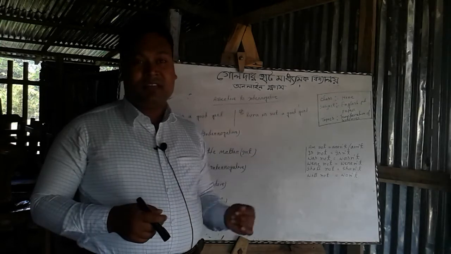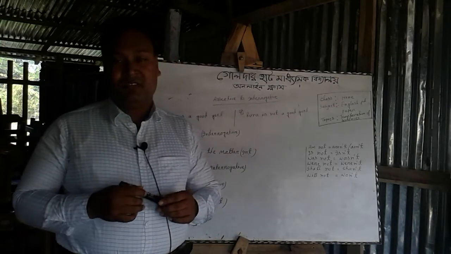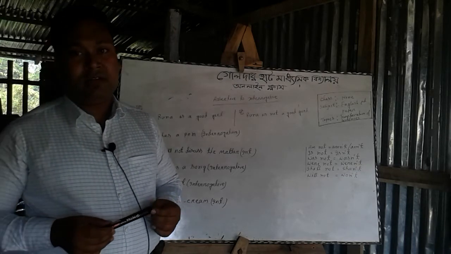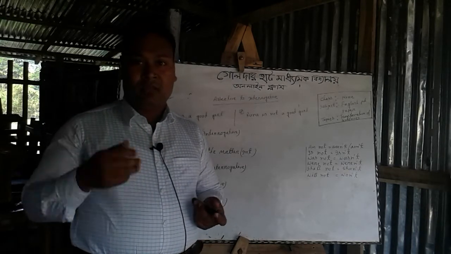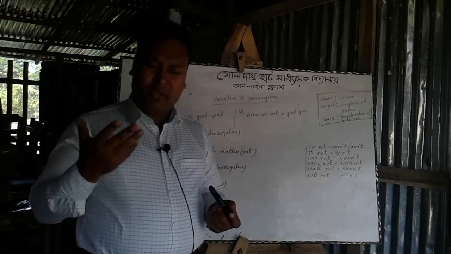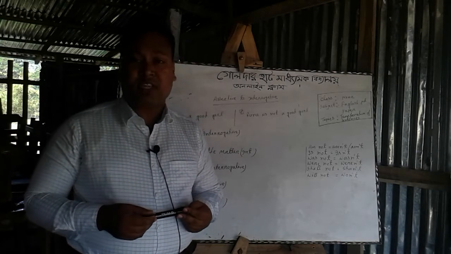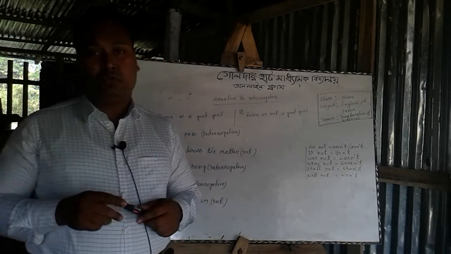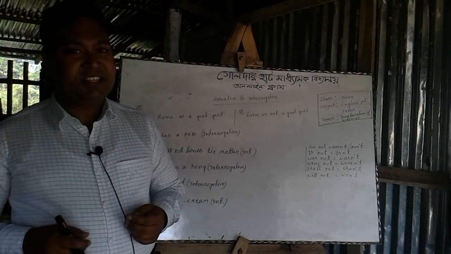An assertive sentence is a long narrative sentence, but an interrogative sentence is a kind of sentence by which we ask some question, and at the end of that sentence we put a question mark. So let's start.